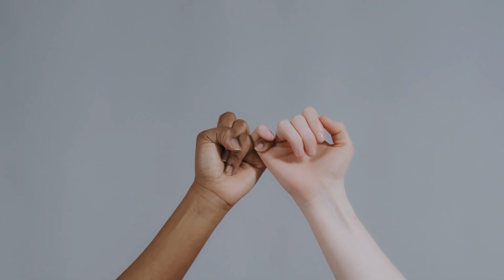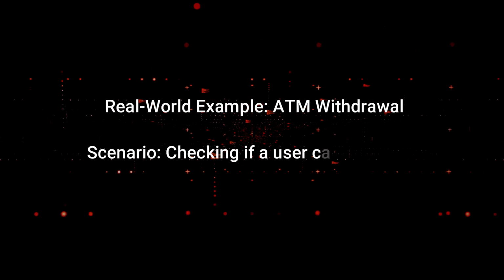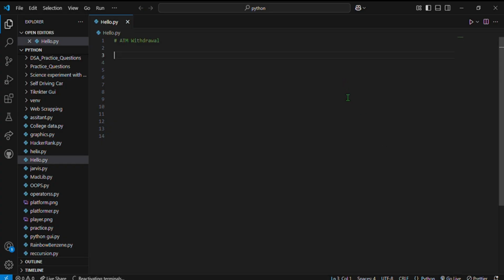Now, as we promised, here is a real-world example of ATM withdrawal. Here is a scenario checking if a user can withdraw money from an ATM. Let's create a variable balance, and the balance is 5,000.